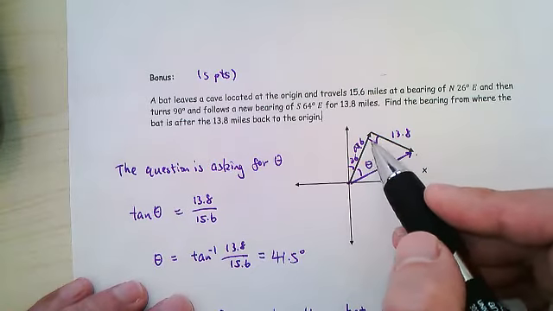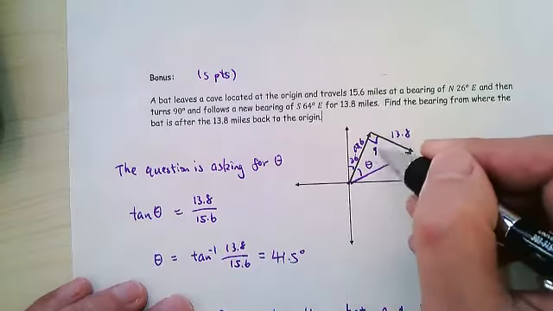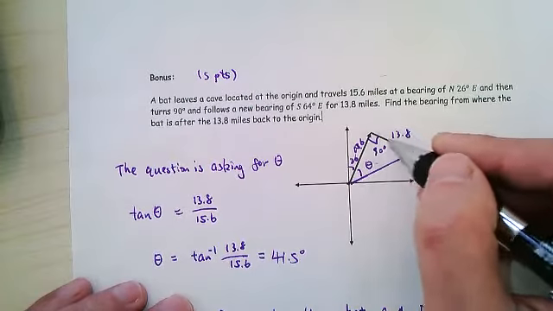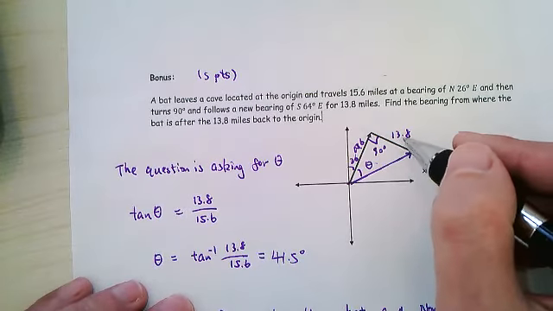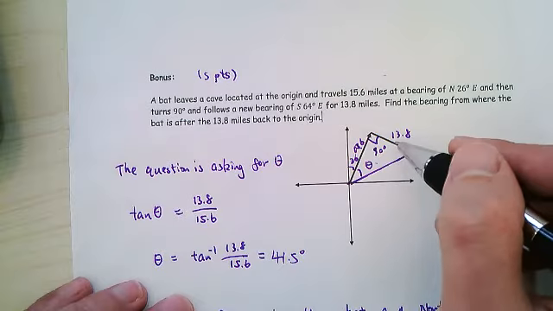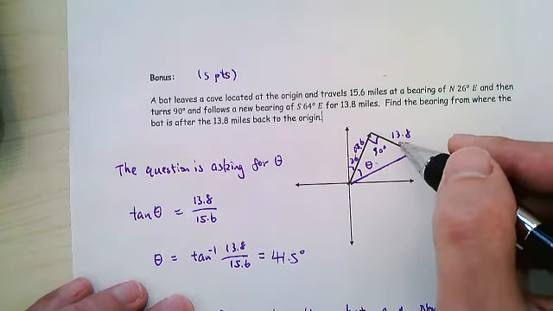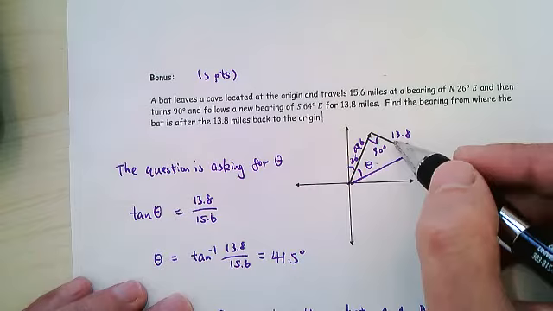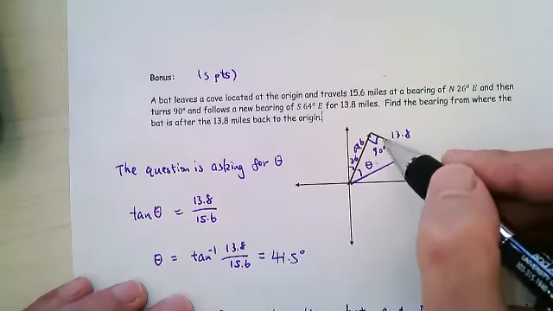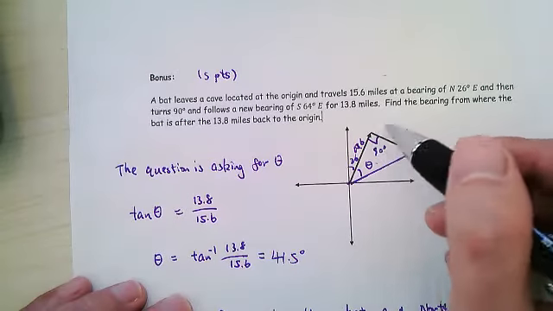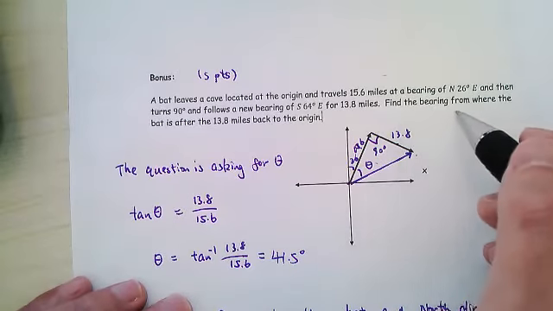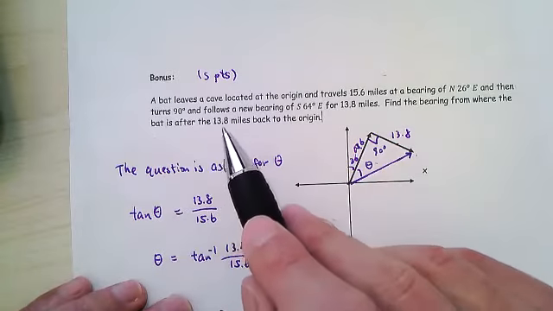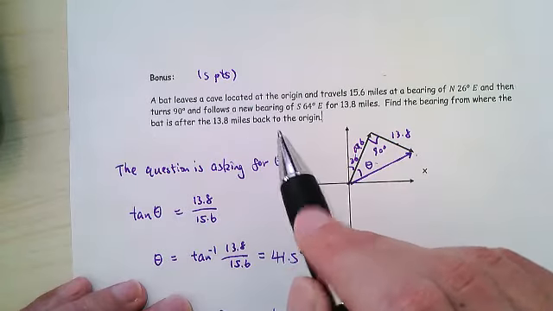Then turns 90 degree. So this angle is just 90 degree. He travels another 13.8 miles. So now you know this side and this side, and you know this is the right triangle. Find the bearing of where the bat is after 13.8 miles back to the origin.